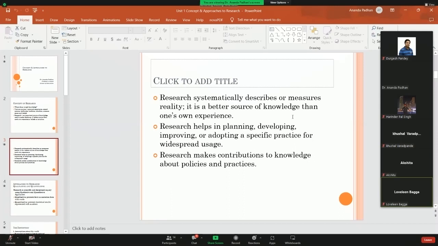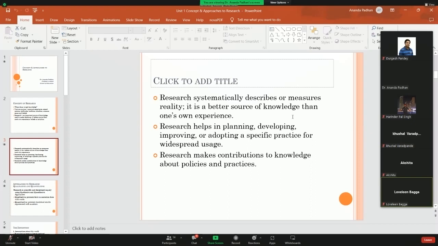It has been there, whether you take the Jan Dhan Yojana, the Ayush scheme, and many others all over India, or the Samagra Shiksha Abhiyan, from class 1 to 8, the midday meal scheme. How did they come? They came through data, through research, and then these policy measures were implemented for widespread usage.